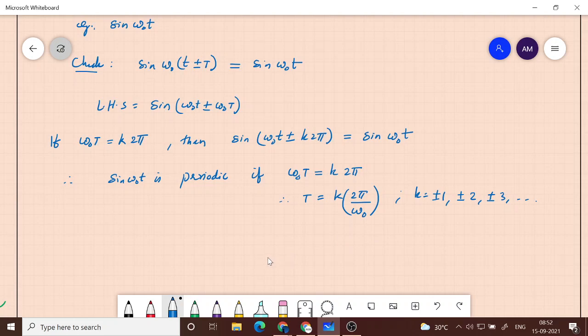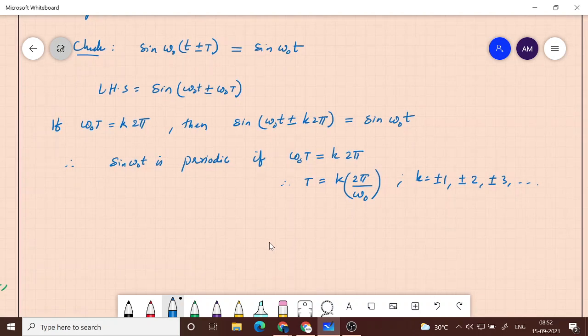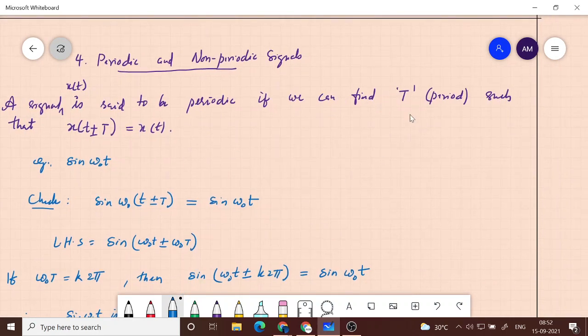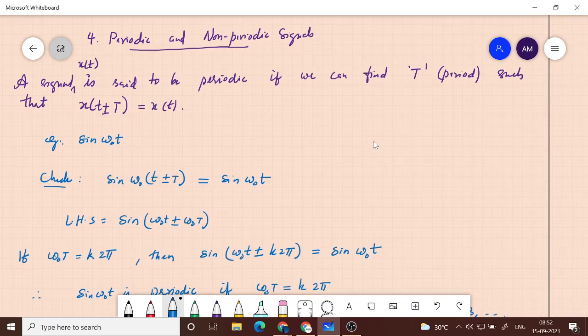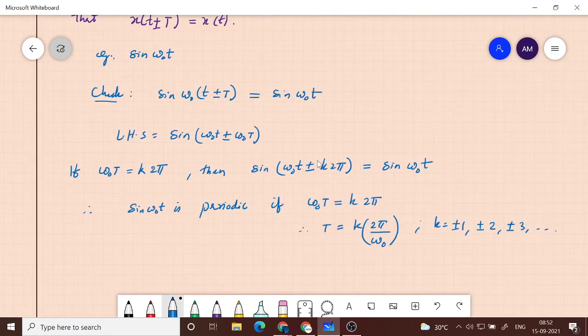Now, when we say the period of the signal, it is the minimum shift. Here I said T is the period, but for this particular problem there are various values of T that satisfy. Does that mean that all of them are called period?